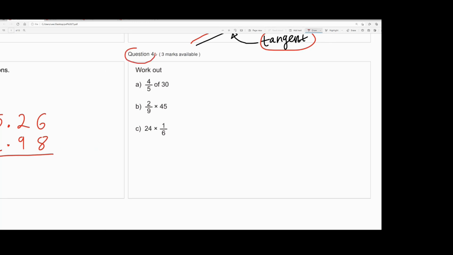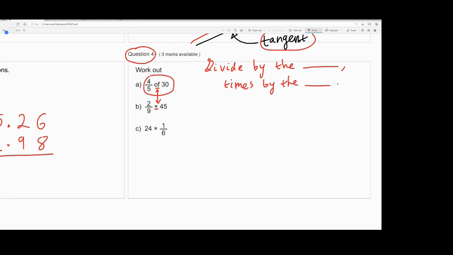So number 4, this is fraction of an amount. So how do we work out the fraction of an amount? So 4/5 of 30, or 2/9 times 35, because of means times. We need to remember to divide by the something, and then we times by the something. So do you remember what we have to do here?